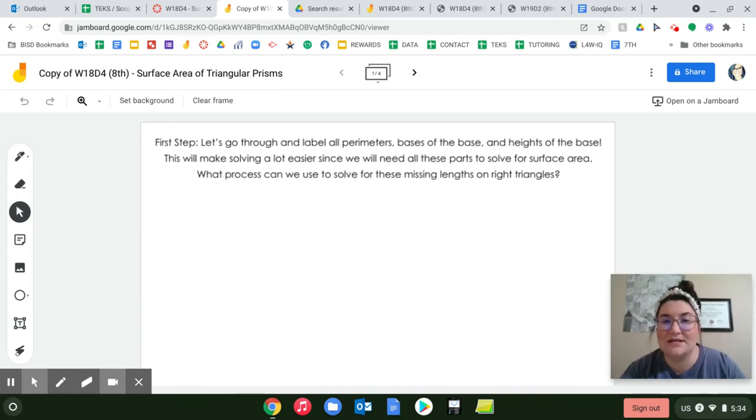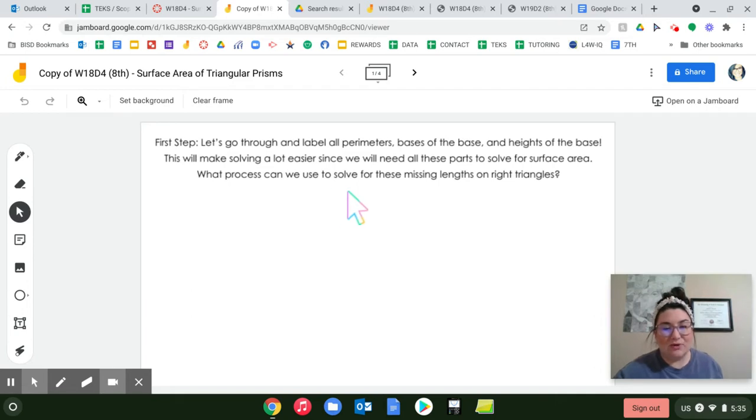One of the confusing things about triangular prisms is that you have the base, which is the actual triangle, but then on that triangular base, you have a base. So we have a base of a base and a height of a base. We also have a height of a prism. So see where all these moving parts can get a little bit more difficult. Okay.